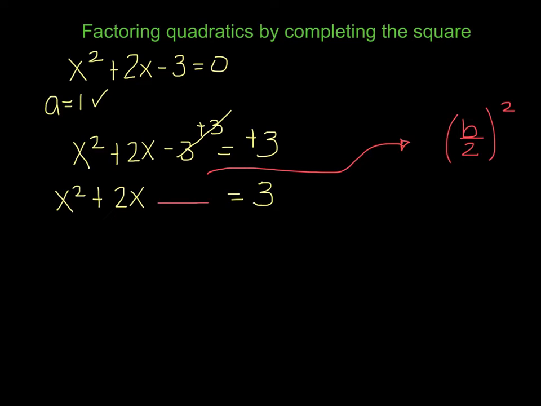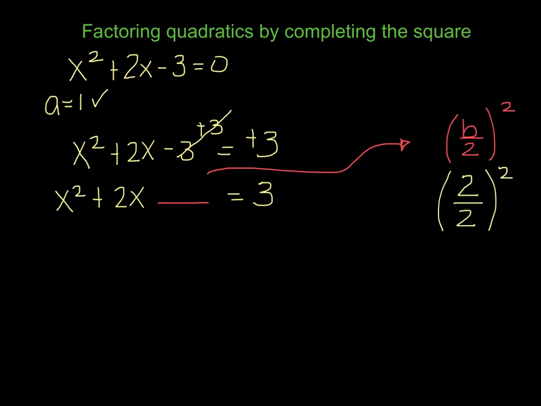Now we're going to go ahead and find the number that goes in this place in order to complete the square. And we're going to go ahead and use this formula to find it. Now it is pretty simple. We need to identify b, and in this case our b is 2. So I'm going to substitute it on the top, divide it by 2, and then take the square of it.